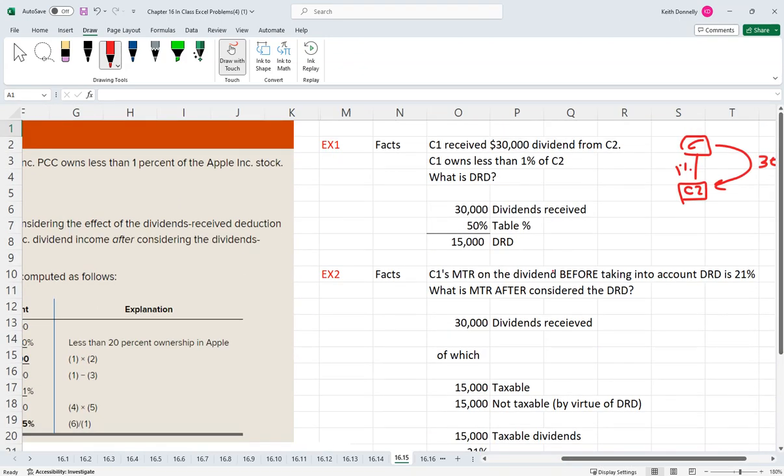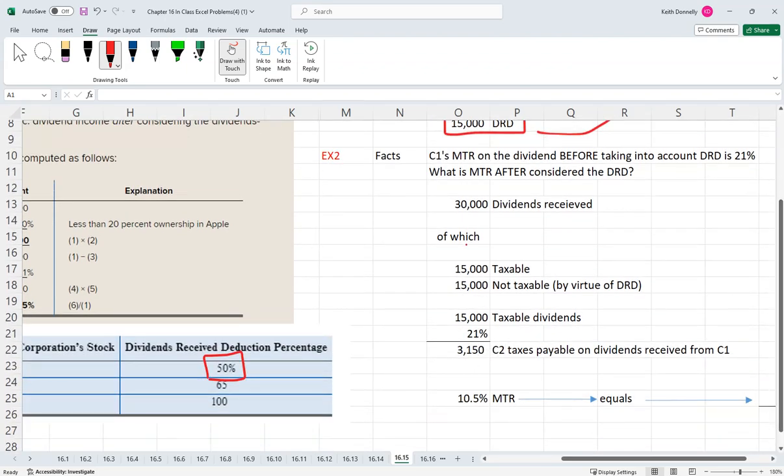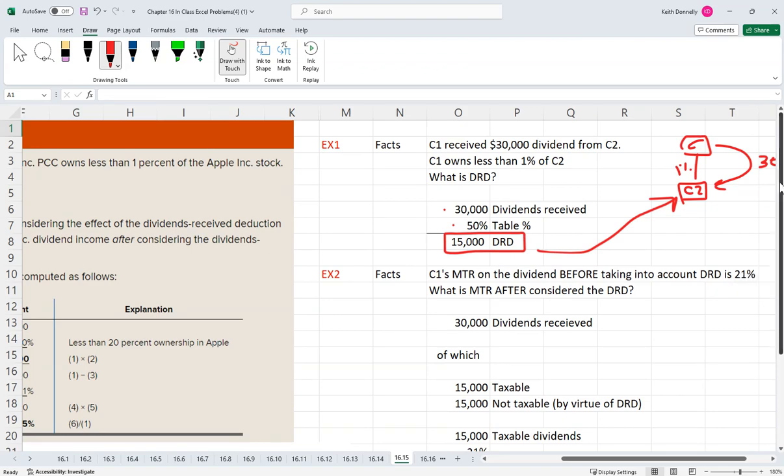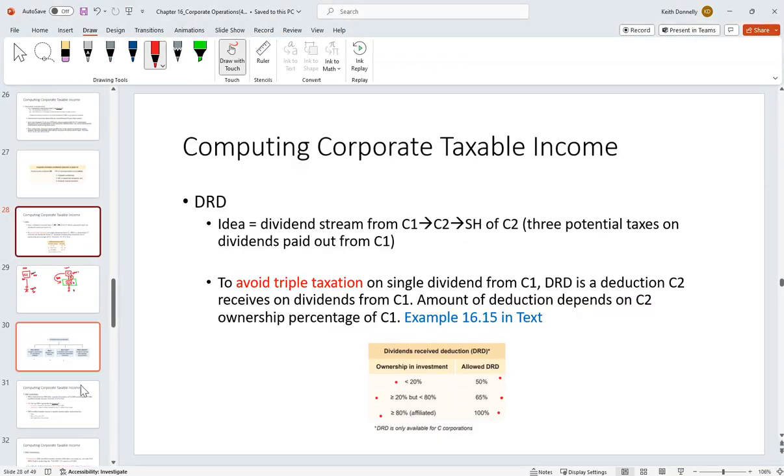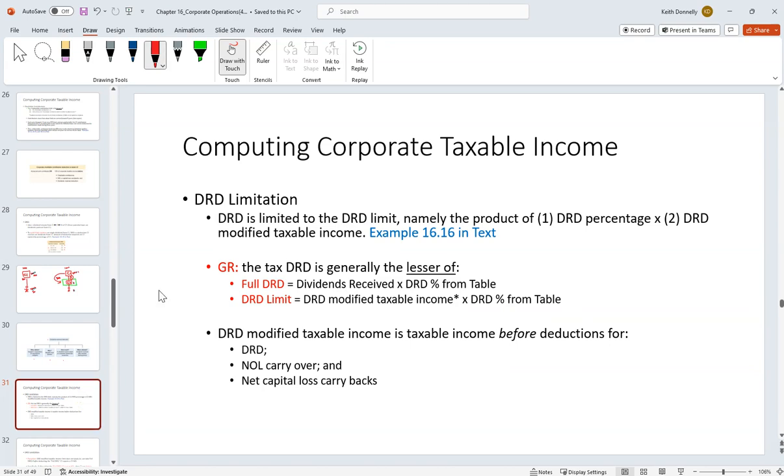The deduction is 50%, so we got 30, 50%. The deduction is $15,000 for this guy. And down here, you can look at it. It just shows how, by virtue of giving that deduction, we are mitigating that triple taxation. So that's just kind of sketching out the idea of the DRD.